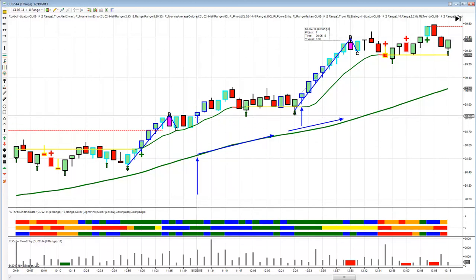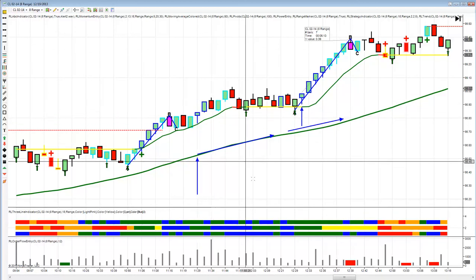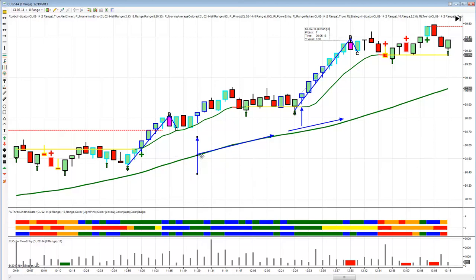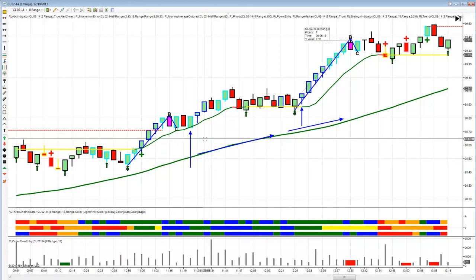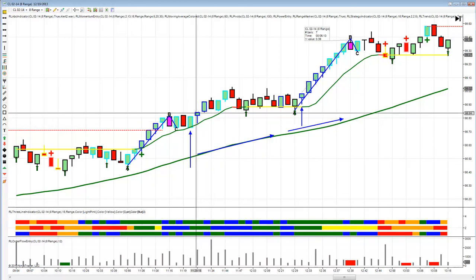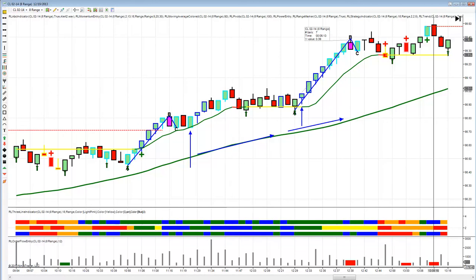There was a smaller one that we just showed right here. Actually, this is the signal right here. It's a two-line break of the 50, of the 15. And up you go.